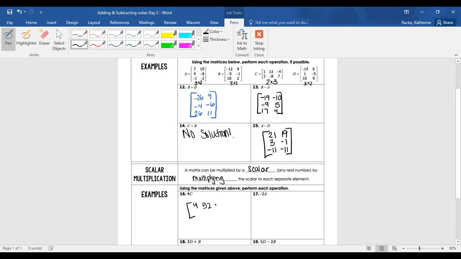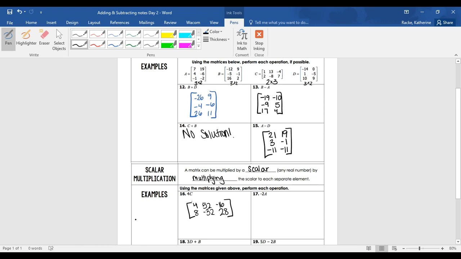Negative 4 times 4 would give me negative 16. 4 times 2 would give me 8. 4 times negative 8 would give me negative 32. And 4 times 7 would give me 28.